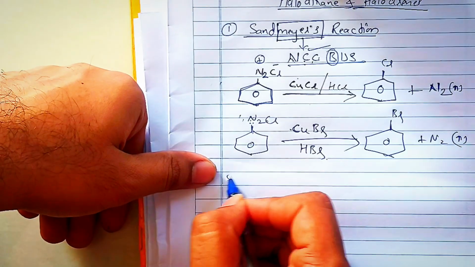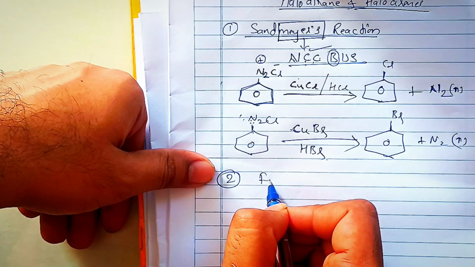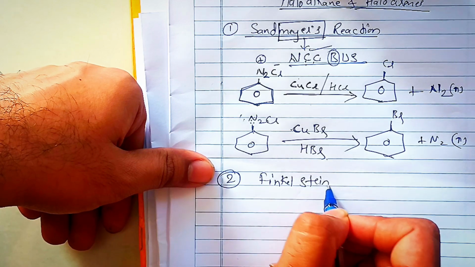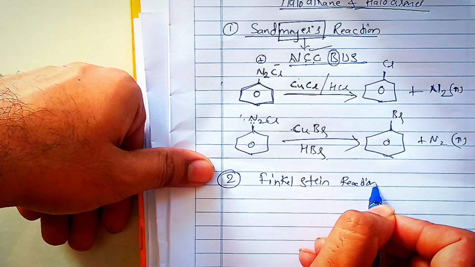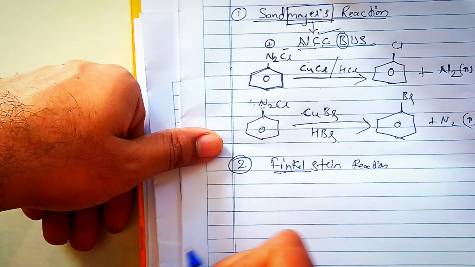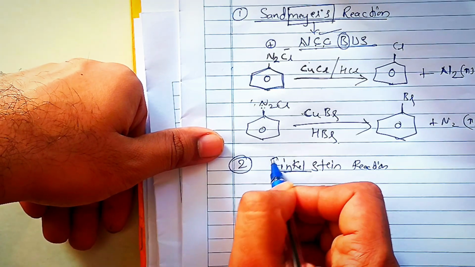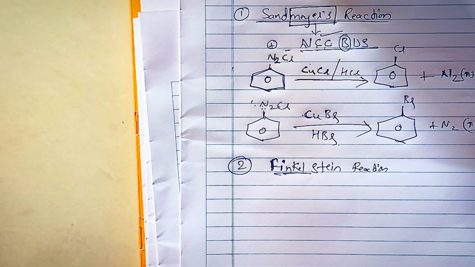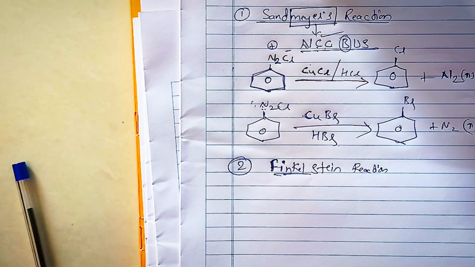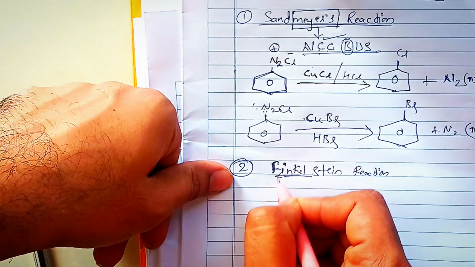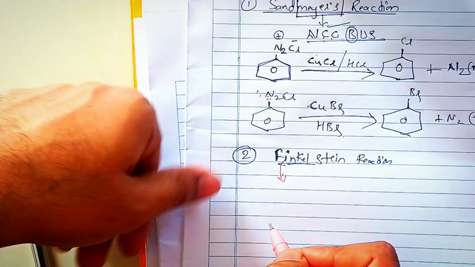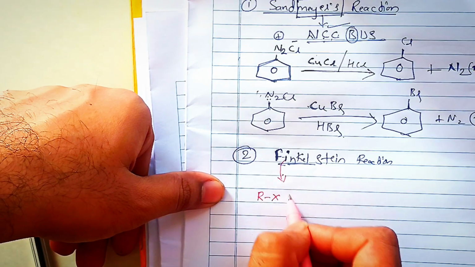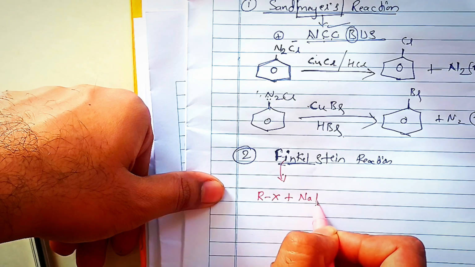Okay, second one will be the Finkelstein reaction, right? In the Finkelstein reaction, the name gives a hint, like here there is an F, and here there is an I. By this we can write that I will use this I here, so we know that we can use RX plus NaI.